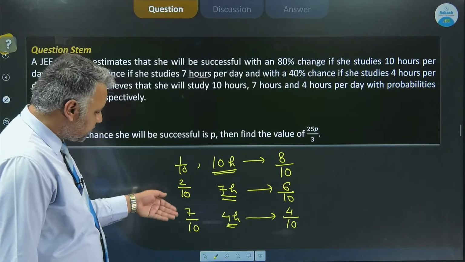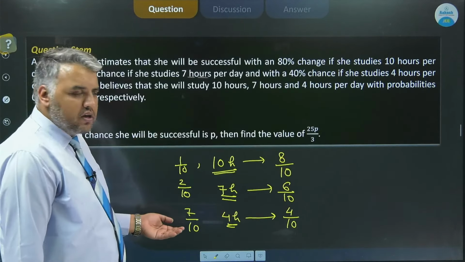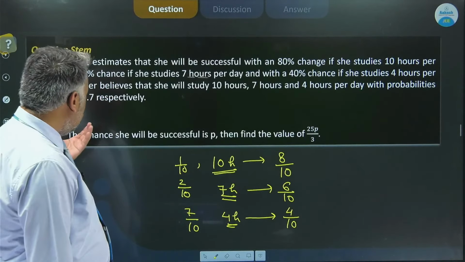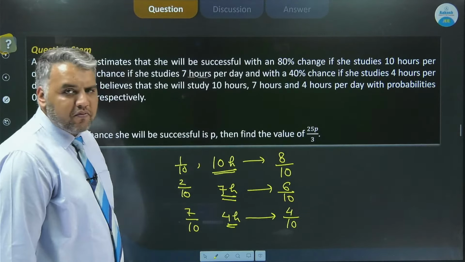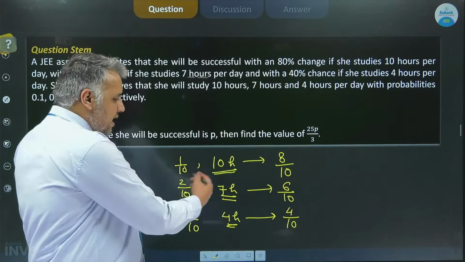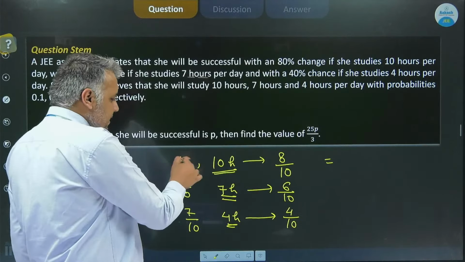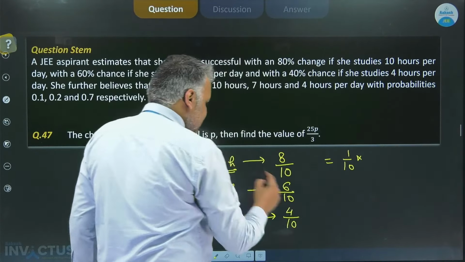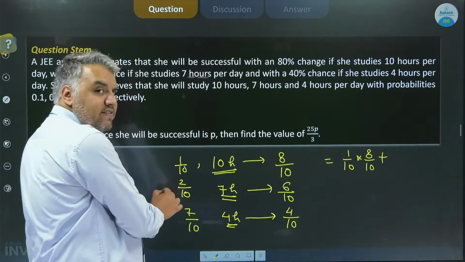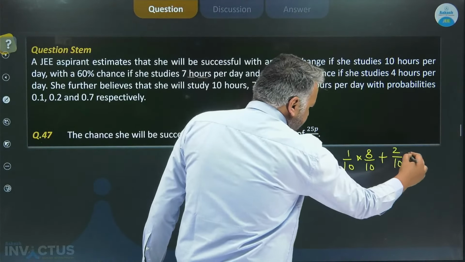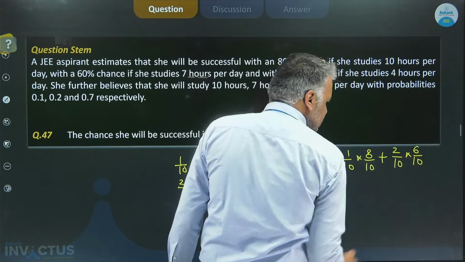Now these events are mutually exclusive as well as mutually exhaustive. So we can apply total probability theorem to calculate her chances of success. Now, the question is the chance that she will succeed is p, then we have to comment on 25p by 3. So directly applying total probability theorem, the chances of success will be, I think first that she studies 10 hours, that probability is 1 by 10, into when she studies 10 hours, her chances of success are 8 by 10. Or she studies 7 hours, that means 2 by 10 probability, into she succeeds when she studies 7 hours, so 6 by 10.